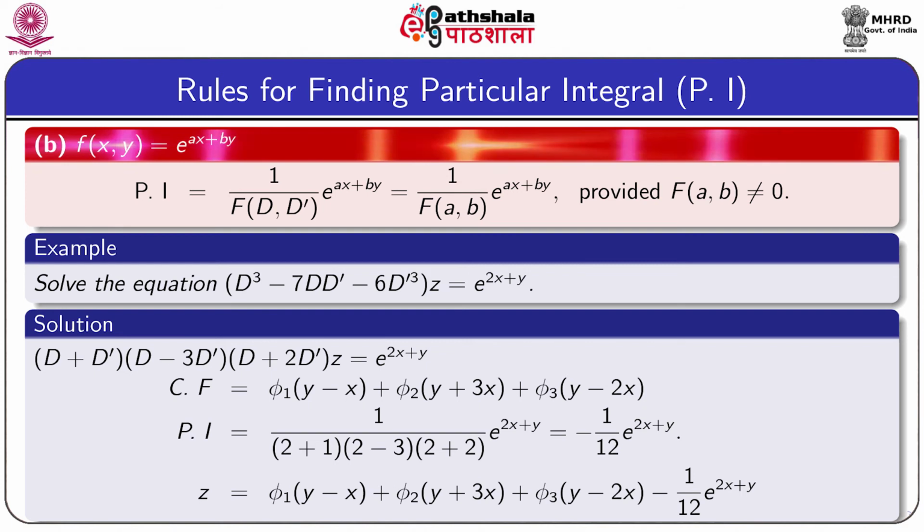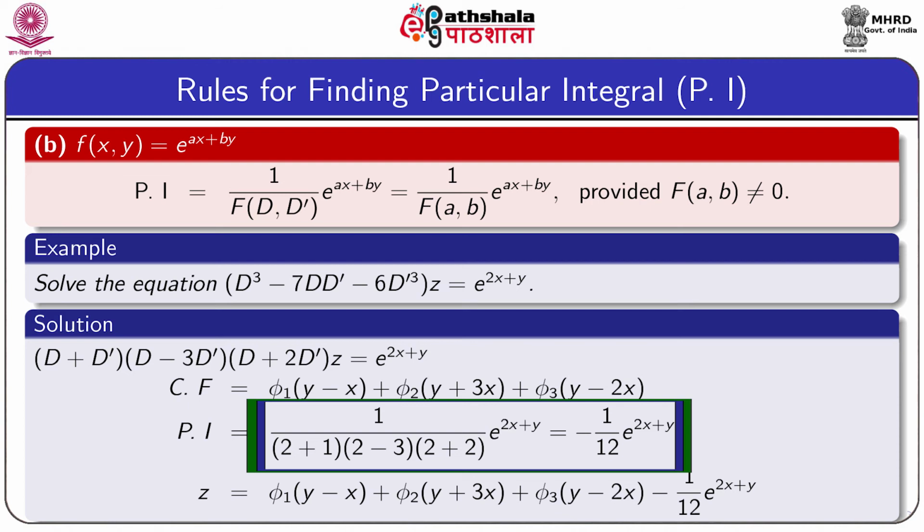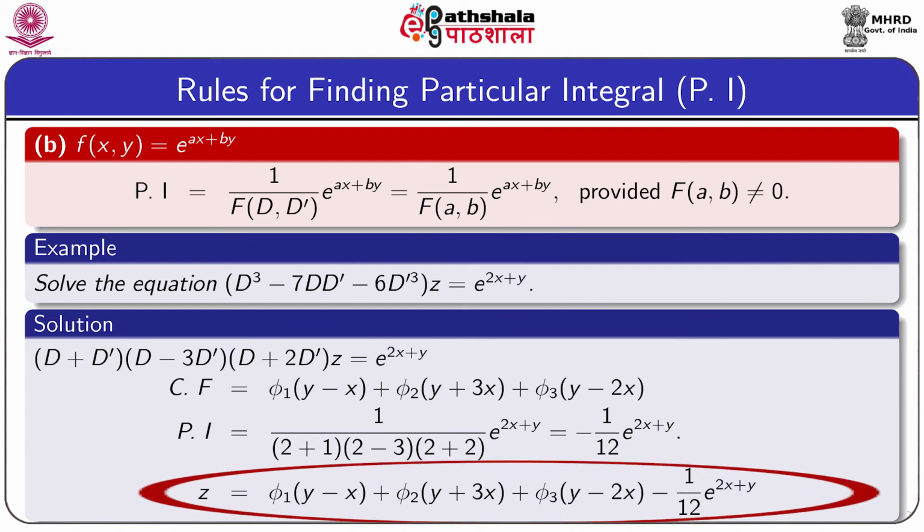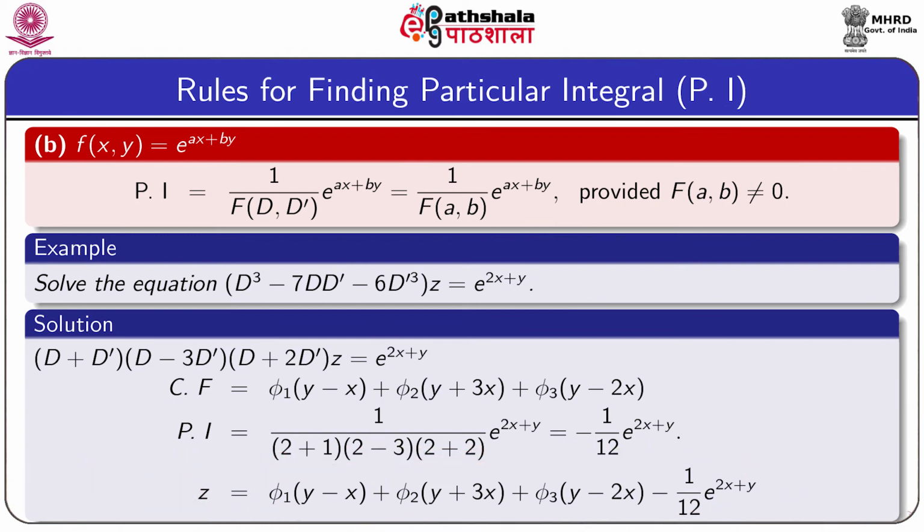So, if we use the rule which is written in B, we need to replace d by the coefficient of x, that means 2, and d dash by the coefficient of y, in this case it is 1. So, it becomes 1 by (2 plus 1)(2 minus 3) into (2 plus 2) into e to the power 2x plus y. So, minus 1 by 12 e to the power 2x plus y. The general solution becomes z equals phi 1 plus phi 2 plus phi 3 minus 1 by 12 e to the power 2x plus y, that is complementary function plus particular integral.